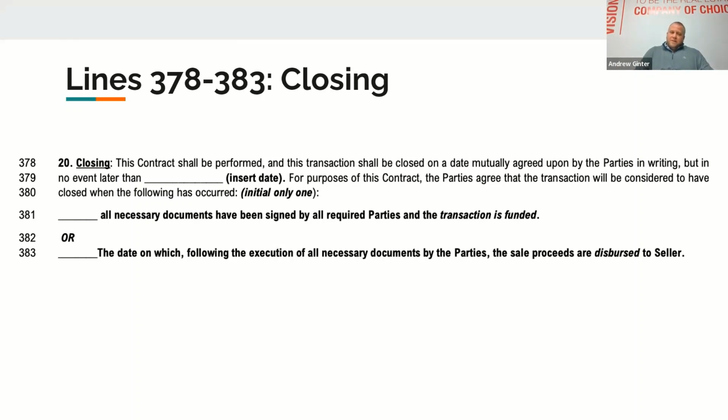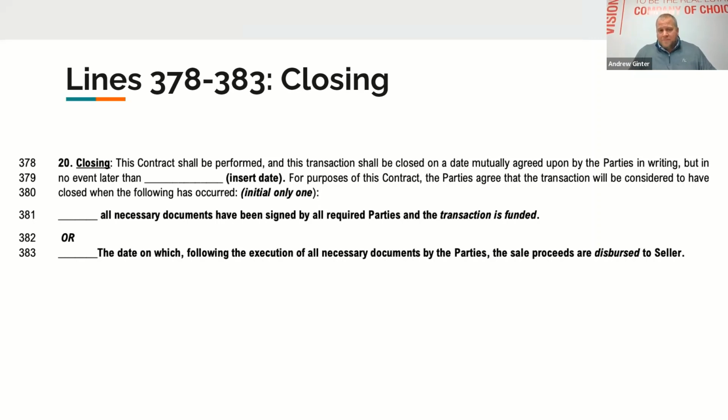The top one is saying when the buyer signs everything and the seller signs everything and the buyer's funds are all at the title company, that's the moment of closing. And then the bottom one is once everybody's signed everything and all the funds have been dispersed by the title company. The one that we have been doing since 2021 is the bottom one on line 383.